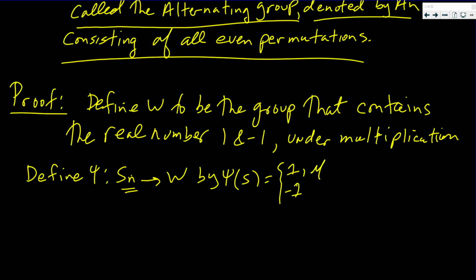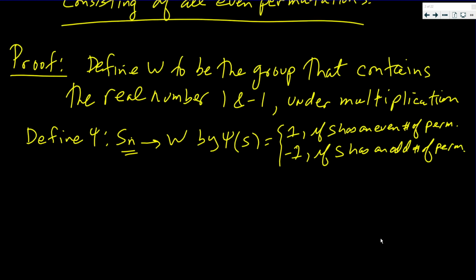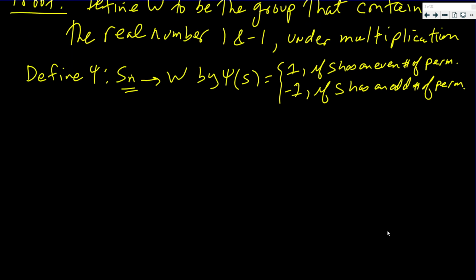It's going to be 1 if S is an even permutation, and it's going to be negative 1 if S is an odd permutation.